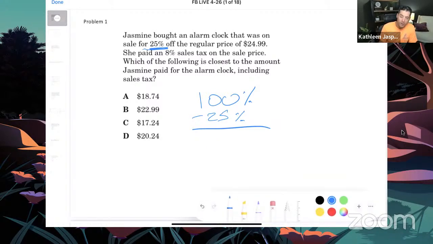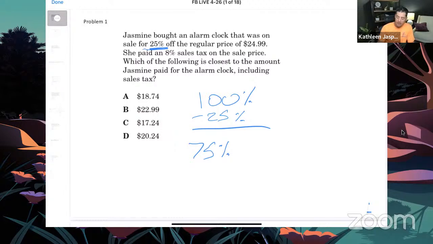Regardless of what the price is, we're just thinking of it in terms of a percentage. I am going to be paying 75% of the original price, because I'm getting a 25% off discount. It says the regular price is $24.99. So I'm taking 75% of $24.99.